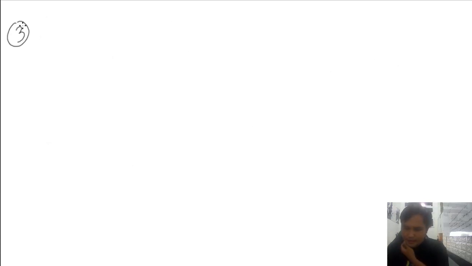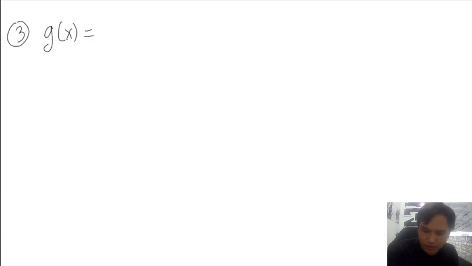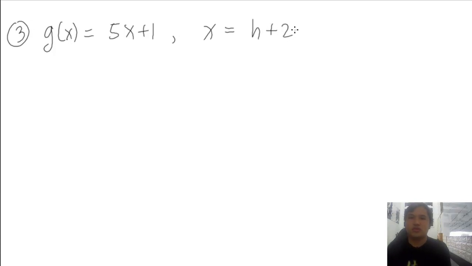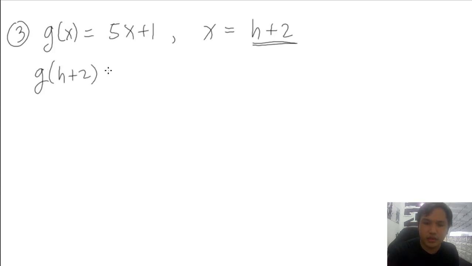Example number 3 natin, ito, we have g of x equals 5x plus 1. Evaluate natin sa x equals h plus 2. So, lahat daw ng x na makikita sa function, papalitan ng h plus 2. So, we have g of h plus 2 equals 5 times h plus 2 plus yung 1.